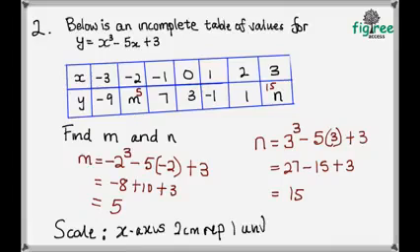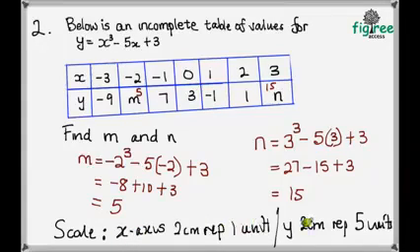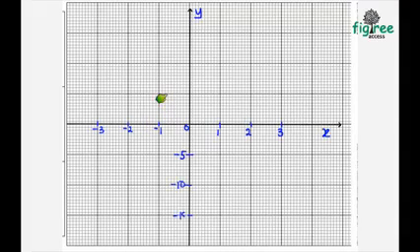The scale we are going to use on the x-axis: 2 centimeters will represent 1 unit and 2 centimeters will represent 5 units. I think I explained this, that the square in bold is 2 centimeters. It has 10 small squares on each length of the bigger square.